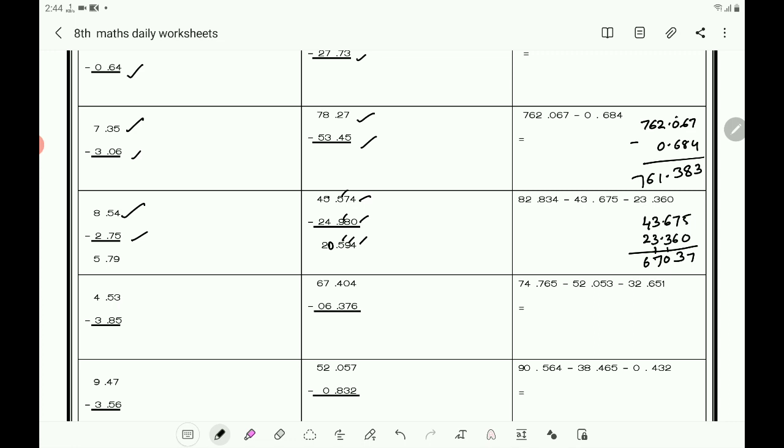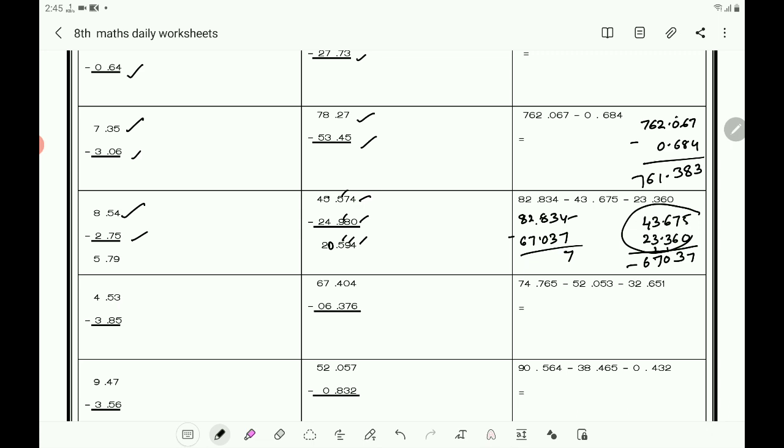Now you take this 82.834 minus 67.037. Then here we have to subtract. Here minus minus you will get minus. Then 82.834 minus 67.037, 14 minus 7, 7.